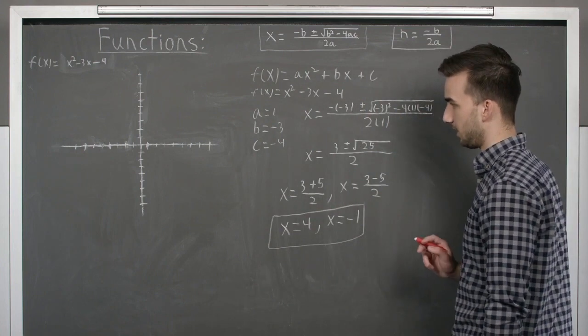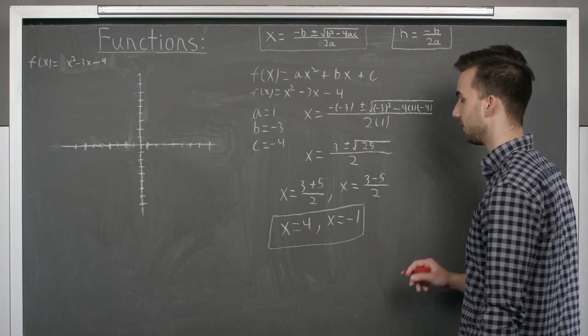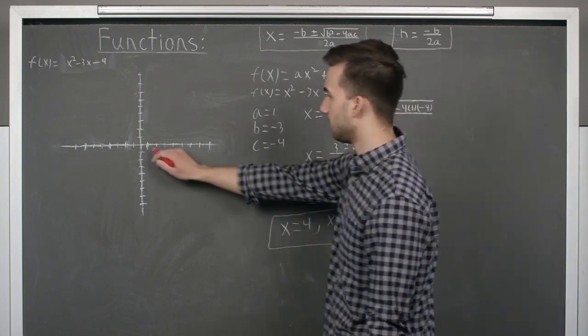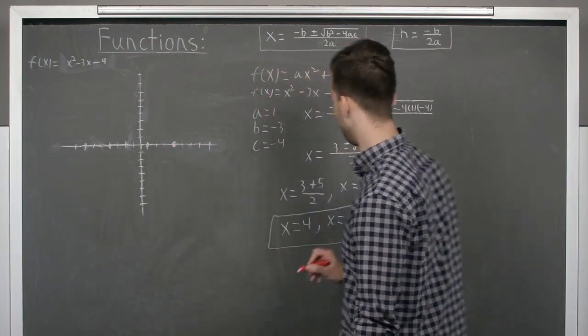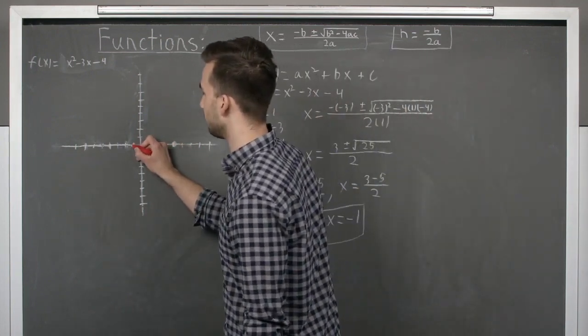Once again, what that means is these are the points in x where the function crosses the x-axis and where the function is equal to 0. So 1, 2, 3, 4. That's one of our solutions. And then x is equal to negative 1 is also one of our solutions.